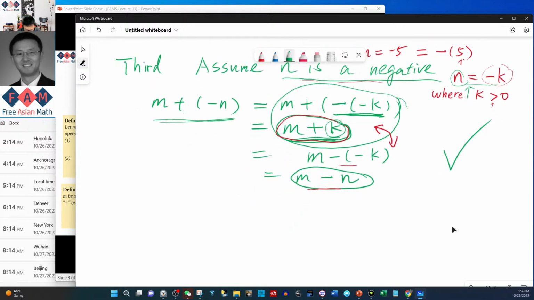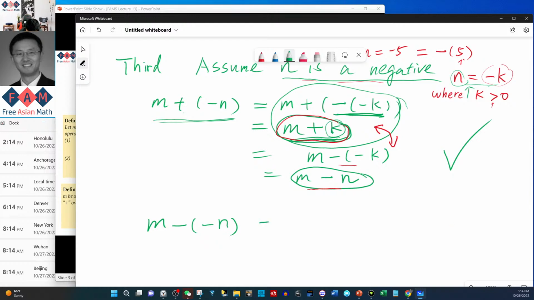Now we want to do finally the last part, m minus negative n, right? And once again, n is negative. Remember, n is negative, and we already set n equals negative k.